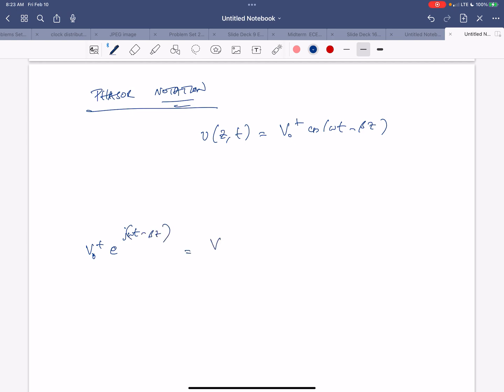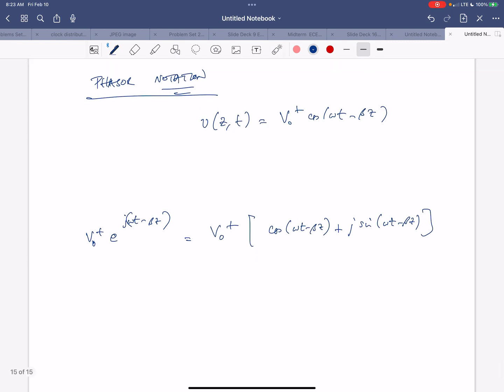And by the way, I think I mentioned this earlier also, get comfortable with complex math and equations. So e to the j omega t minus beta z is equal to cos of omega t minus beta z plus j sine of omega t minus beta z. I have to constantly refresh myself on this, since it's not something I use a lot.